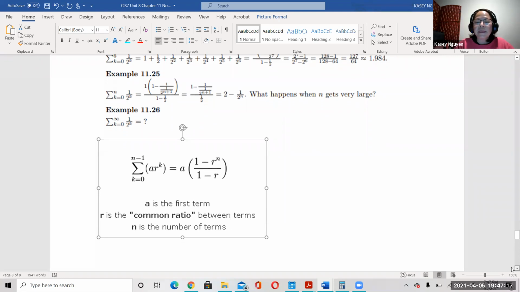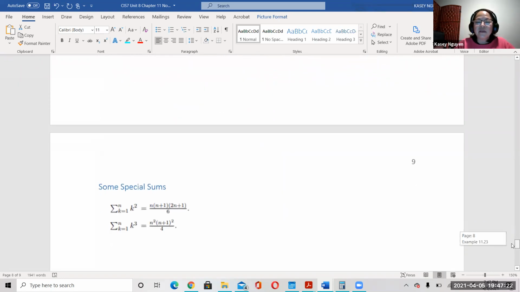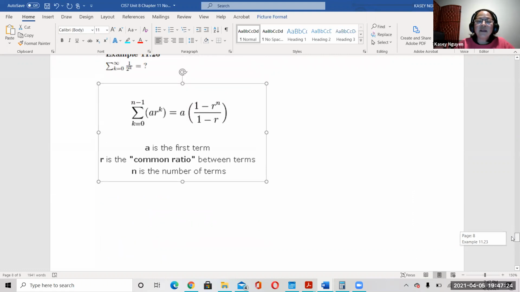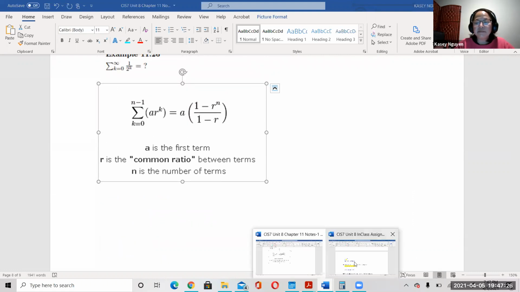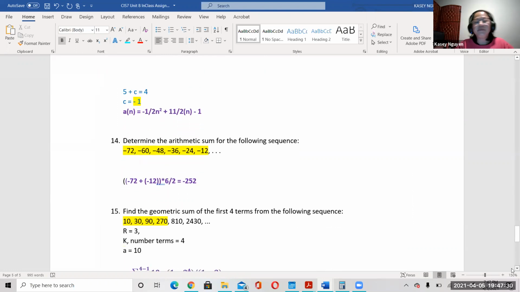So using this, we can solve for the next problem, which is number 15. In 15, it tells you to find the geometric sum for the first 4 terms in the sequence. And yes, you can find the partial sum, the sum for a larger partial.